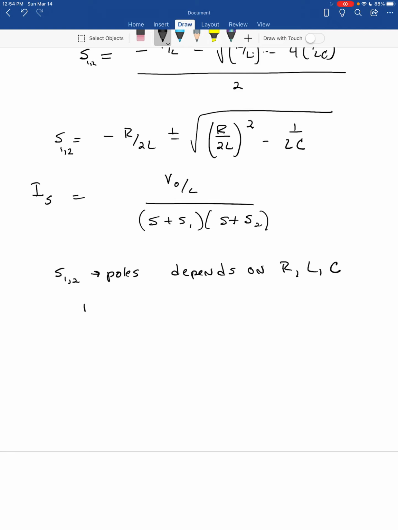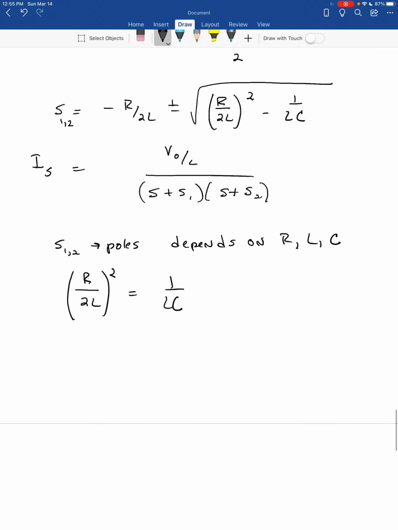So if (R over 2L) squared is equal to 1 over LC, then the term under the radical goes to 0, and I have a double pole where s1 and 2 are both equal to minus R over 2L.